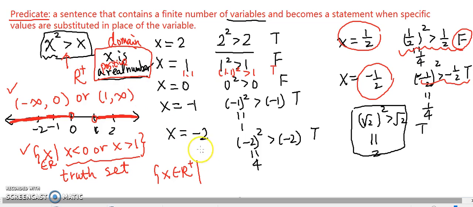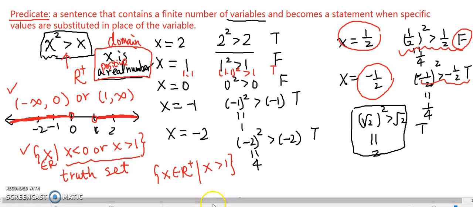So it really depends. The truth set depends on what kind of x values can be taken, as specified by the problem. Because in real life, sometimes this variable x probably means the number of books or something which cannot be negative, or the number of people.